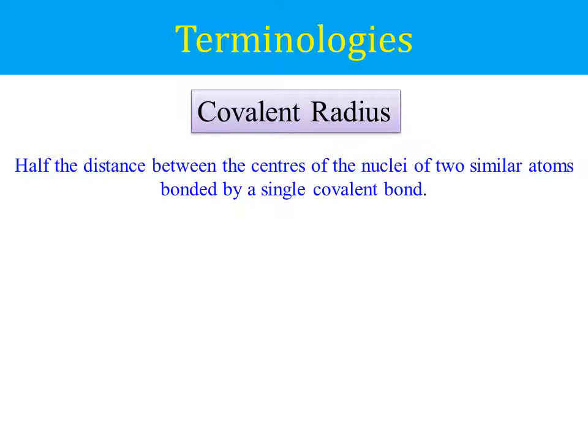Half the distance is considered because identifying the boundary where an atom ends becomes a slightly difficult job, especially when there is overlapping, bond formation, or any sort of molecular or atomic interactions.